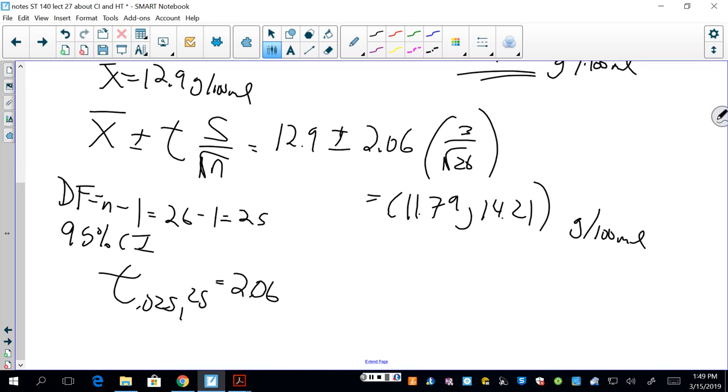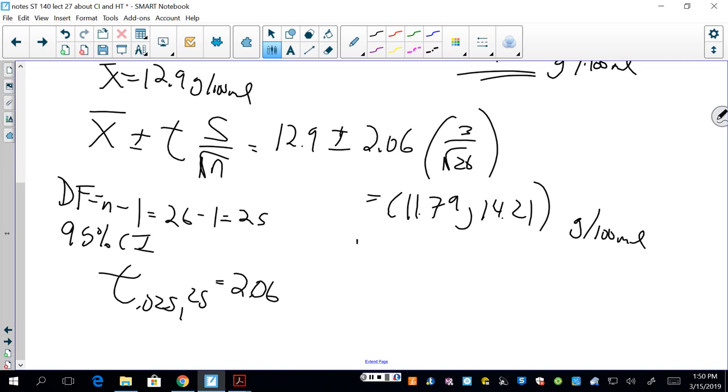Is 13 reasonable? Feels like it's almost in the middle. It's about in the middle, yeah, it's pretty close. 13 seems pretty reasonable.